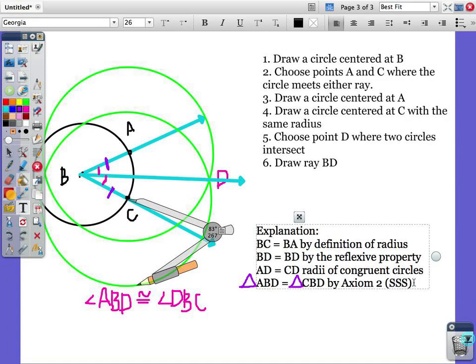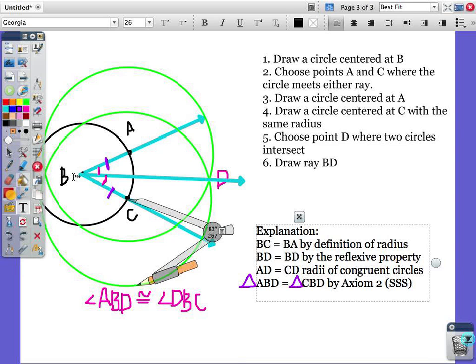All right? Now we're still not done. Remember, our last statement needs to be about these angles. Now we're ready to use that thing that you talked about a second ago. Not axiom 3, CPCFC. What can we say about it? We have this triangle ABD congruent to this triangle CBD.